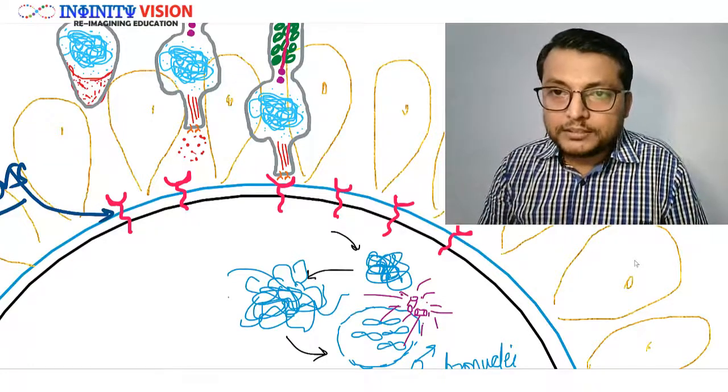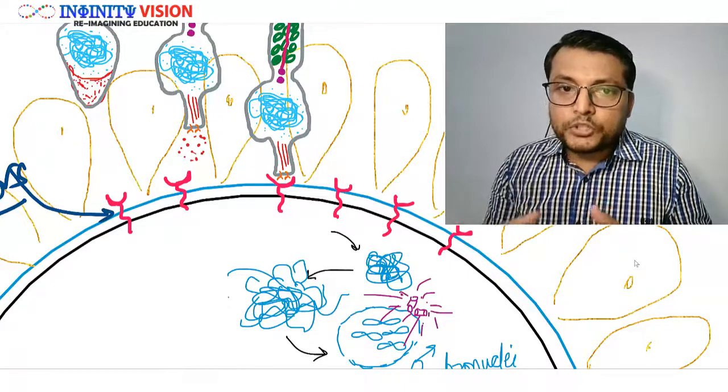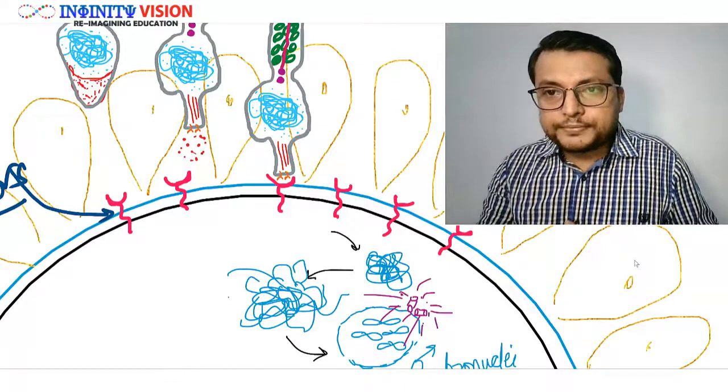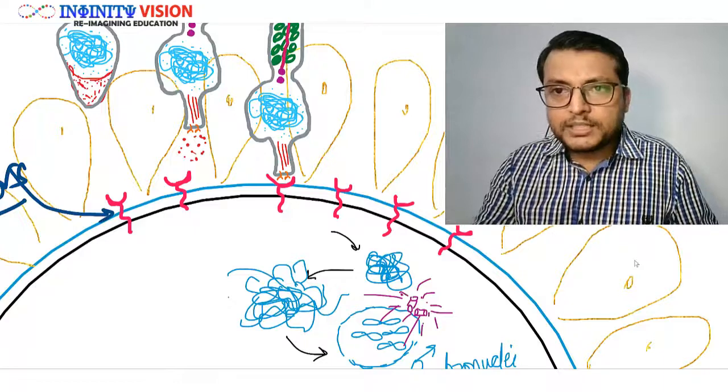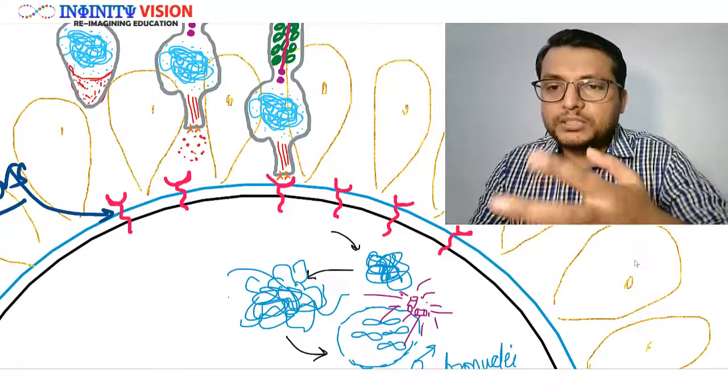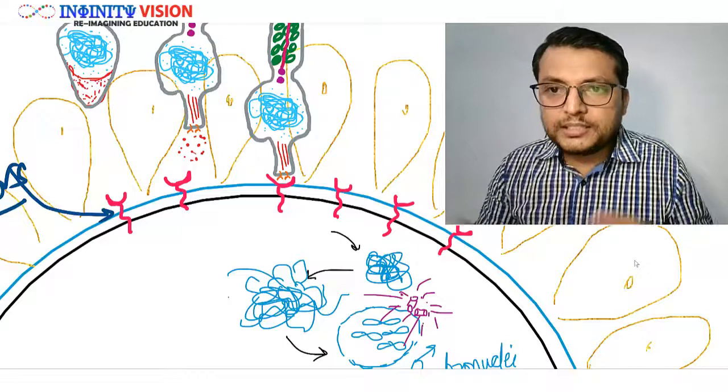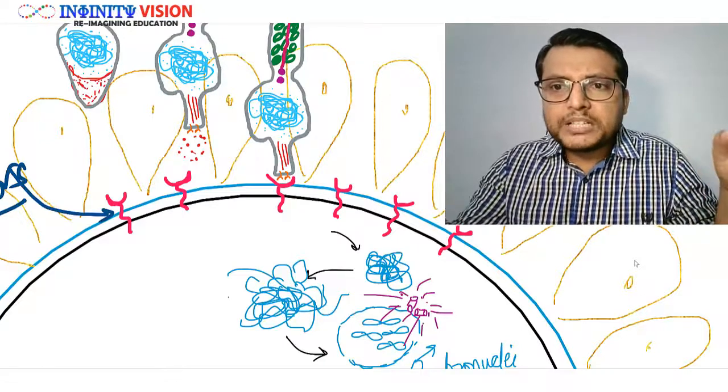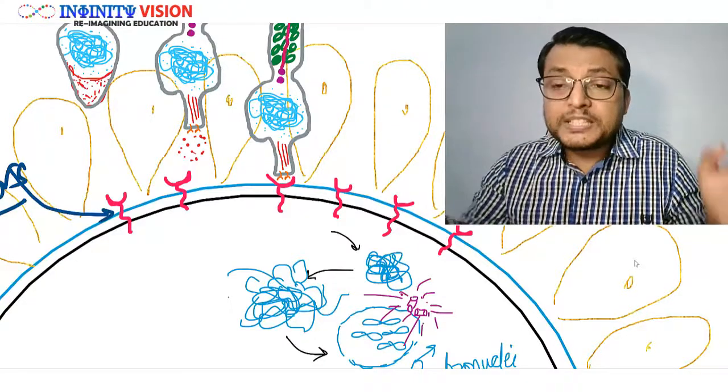Okay, are you getting me? So suppose the egg of one species is subjected to sperm of another species. These two are totally unrelated, very different species.